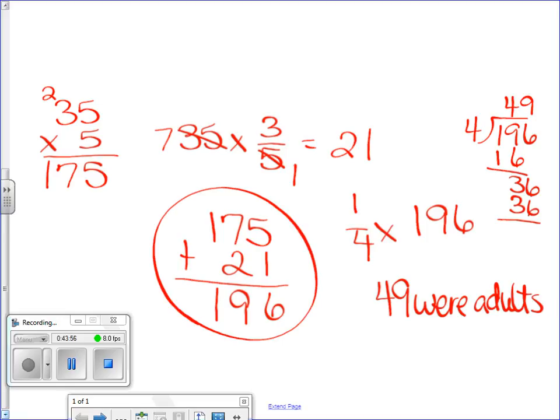How many adults went on the field trip? Oh, look, 49. Just doing one step at a time. Just following the steps that they gave me.